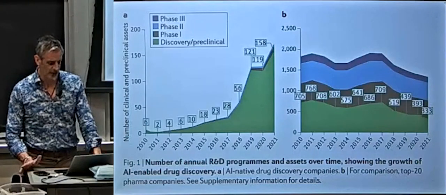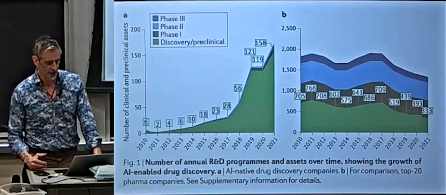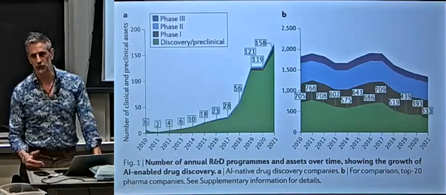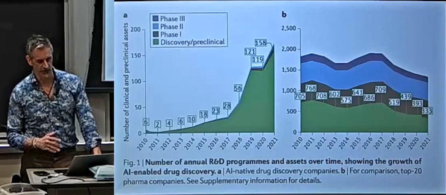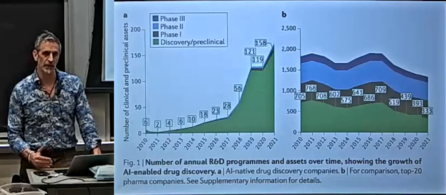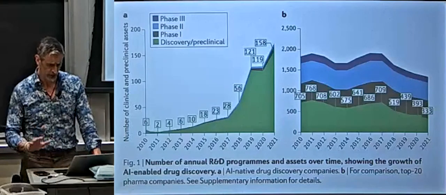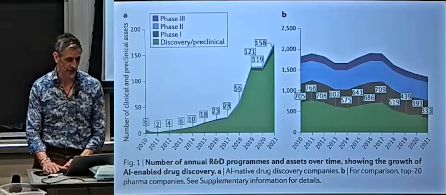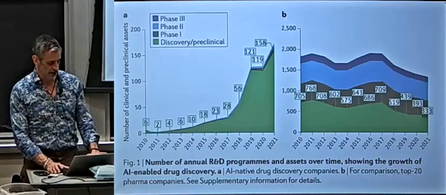And then for comparison on the right, you can see how many different research programs, essentially drugs in the pipeline, at the top 20 pharma companies. And you can see the rise of these AI-based startup companies is happening. They're catching up. So that's really exciting. Okay, that's it for today.